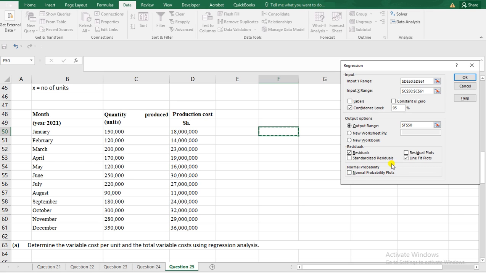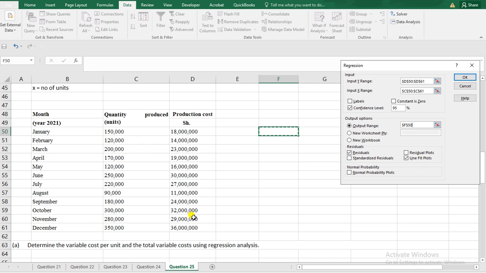Then I want my residuals, which relate to the degrees of freedom at some point, and the estimates, which I had explained earlier on. For line fit plots, I want my graph to appear.